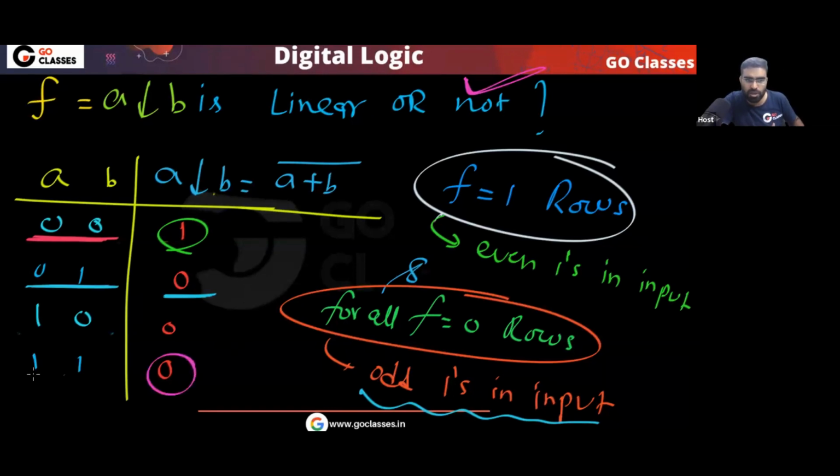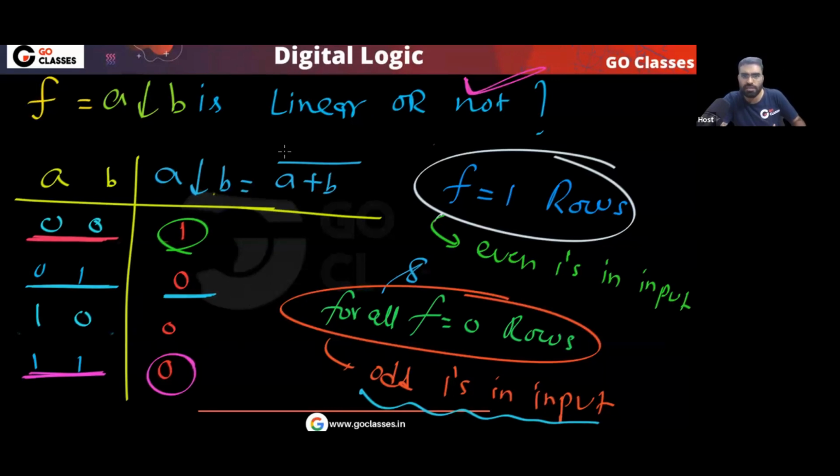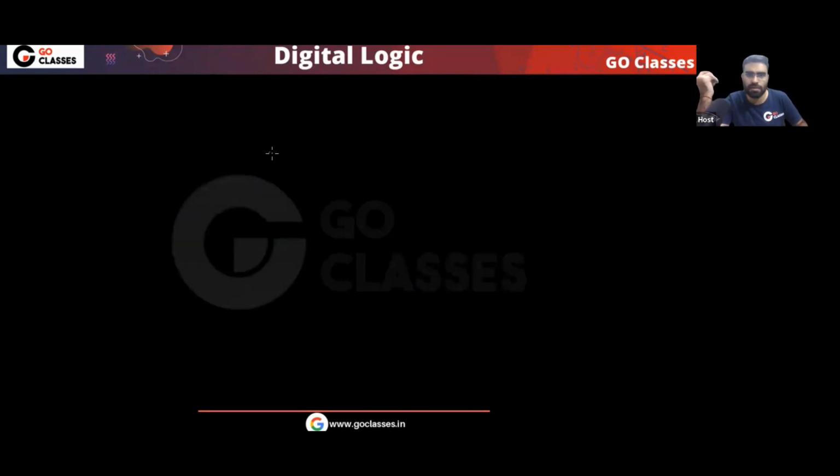But you can notice that is not happening here. See here, f is 0, but you don't have an odd number of ones in the input. So again, this is not linear. Is this clear? That is the reason I can say this function is not linear. I hope you understood. Did you understand the definition of a linear function?